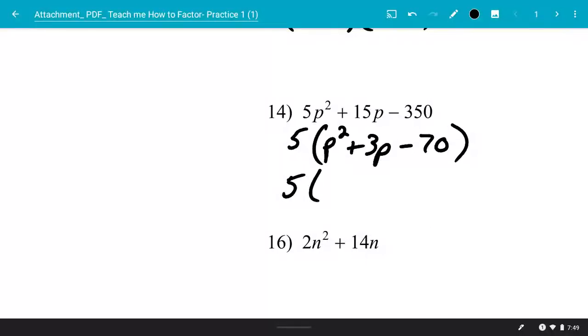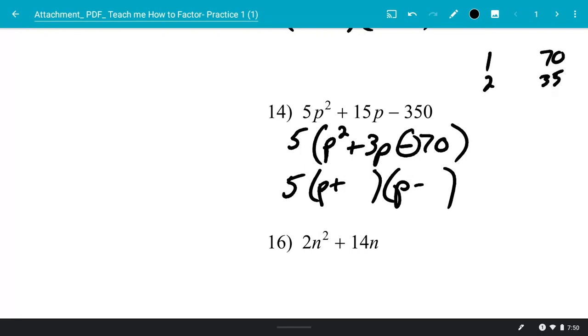So I can split in signs. Put a p in each. Signs are opposite, so a plus and a minus. I need the factors of 70. 1 and 70, 2 and 35. 3 does not go in. 4 does not go in. 5 goes in, 14 times. 6, 7, and 10.